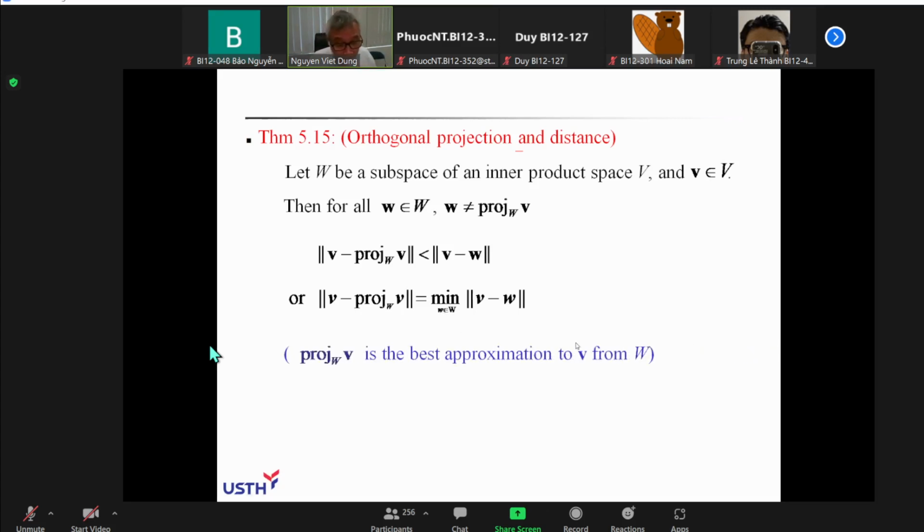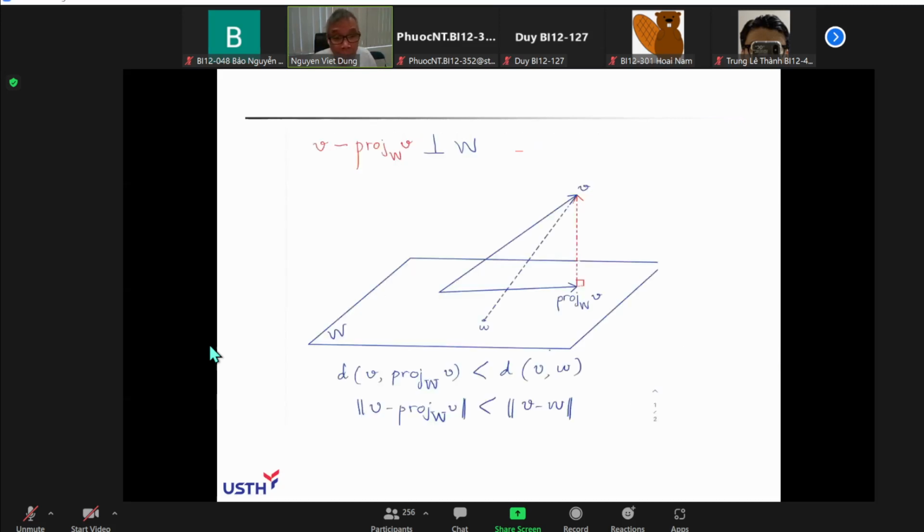But however, you can see it by geometry as follows. Here, you take W to be the subspace like that, and v is a vector outside somewhere, and its orthogonal projection is here.